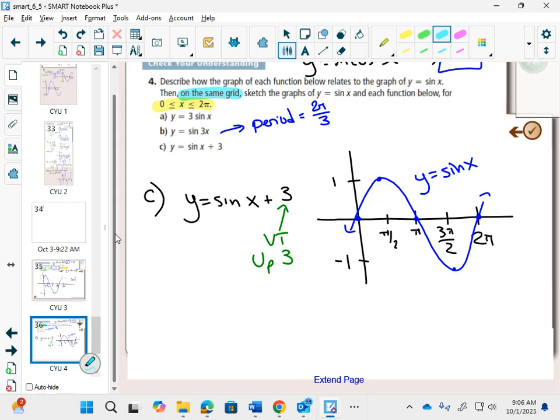Now, our D value, by moving it up 3, we are going to label something on this graph that we haven't talked about yet. The shortcut is that it's going to change something. I always talk about the middle, not the axes. And the middle has a name. The middle of a sine and cosine graph is called the sinusoidal axis.